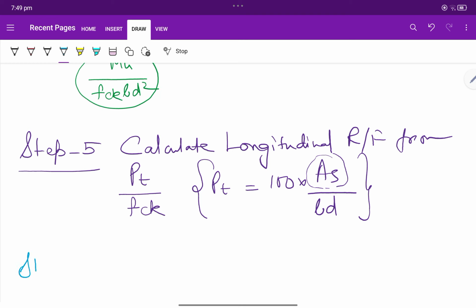So we will see step 6. Step 6 will be, you have to provide the area of longitudinal steel in the form of bars.